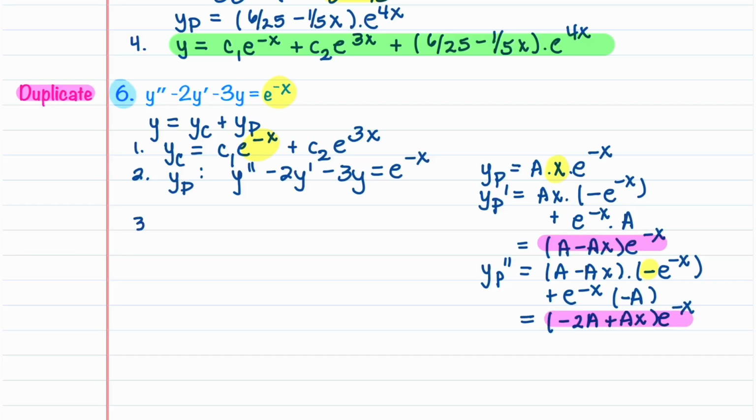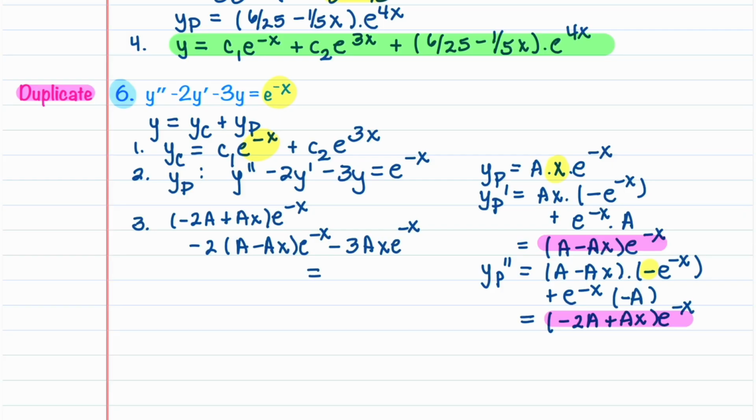Now in step 3, we're just going to plug our derivatives back into our equation. We have minus 2a plus ax, e to the minus x, minus 2 times a minus ax, e to the minus x, minus 3ax e to the minus x, and this is all equal to e to the minus x.